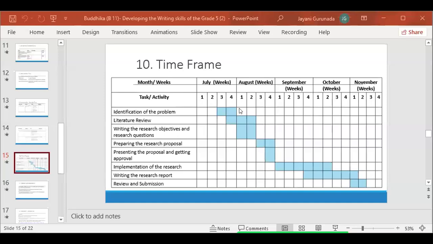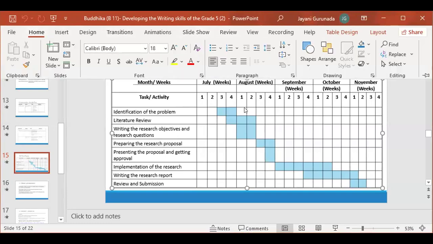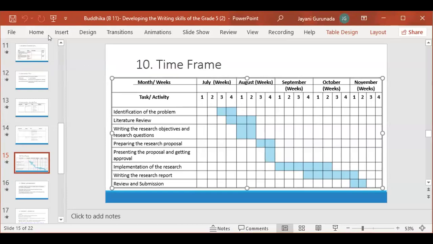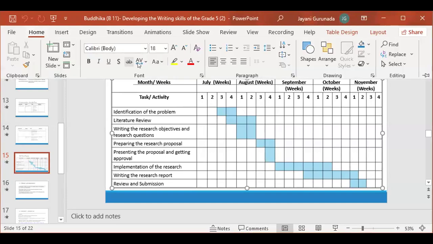So in this Gantt chart, now if you want to color this one, you can keep your cursor there, go to Home and Fill Color. Just fill color.